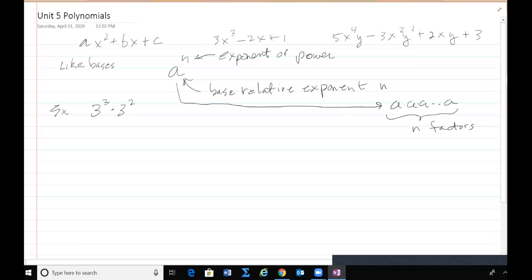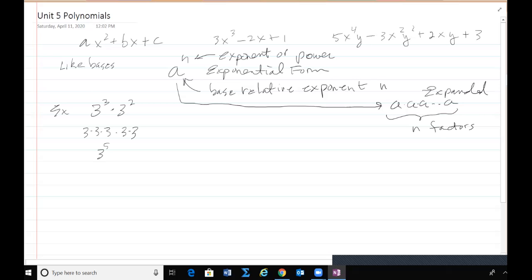This is the expanded form, and this up here is the exponential form. So over here, we have 3 3s, and then we have 2 more 3s right here. So that's a total of 5, and that's the equivalent exponential form. It looks like this, 3 to the 5th.